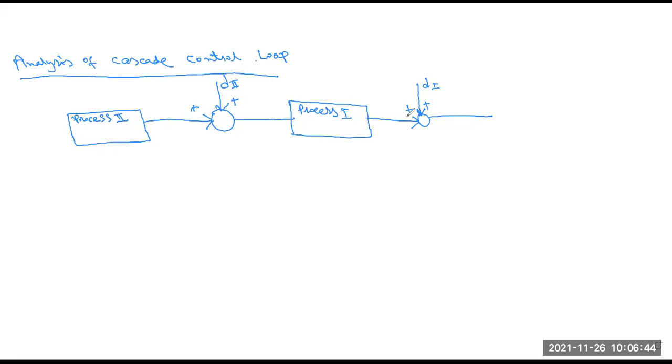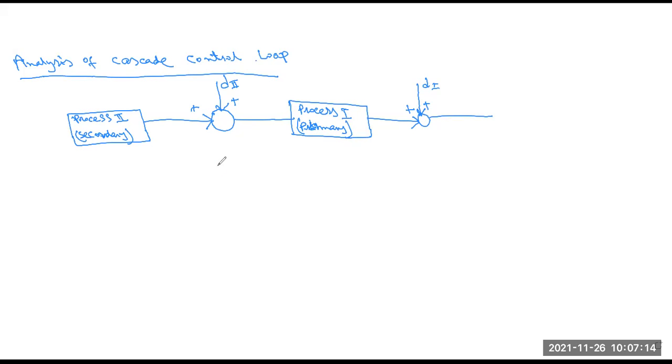Here you can see process 1, sometimes also called the primary controller, and process 2, called the secondary controller part.